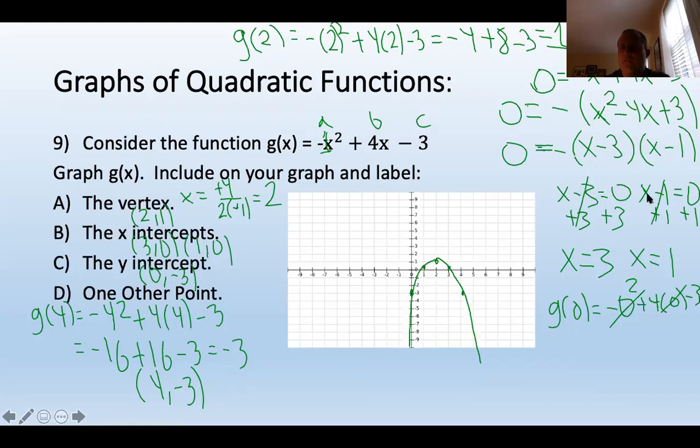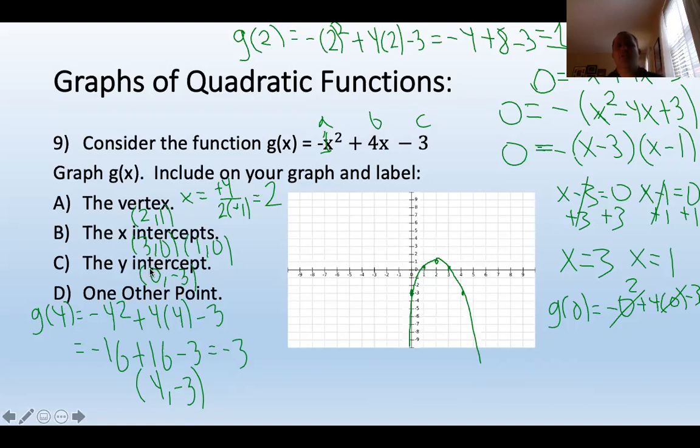And then for x minus 1 equals 0, you'd add 1 to each side, to cancel the -1 out, and then that gives you x equals 1. So your x-intercepts are (3, 0) and (1, 0). (3, 0) is right here, (1, 0) is right here, and I plotted those 2 points.